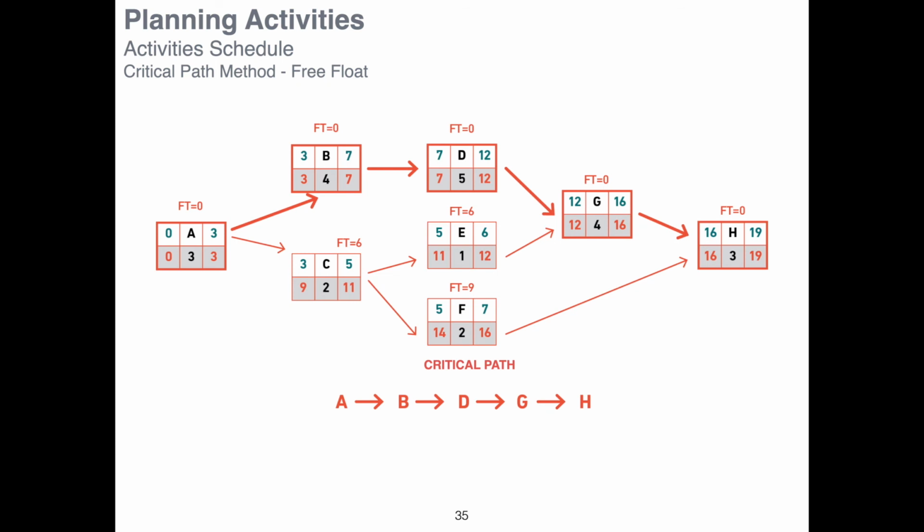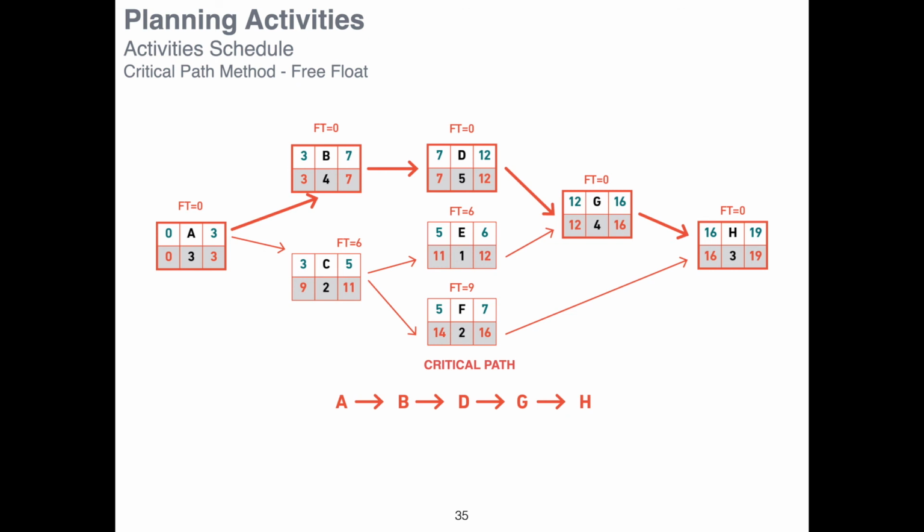But we know that activity B has a free float of 0, which means that if I delay activity B, I compromise the completion of my project in 90 days. Activity C, we have here a buffer of 6 days.